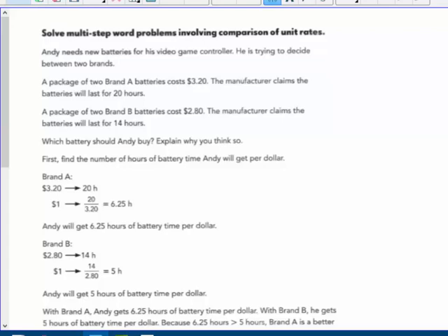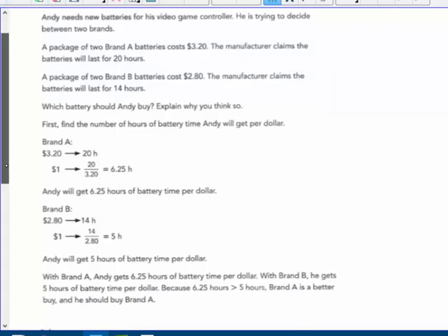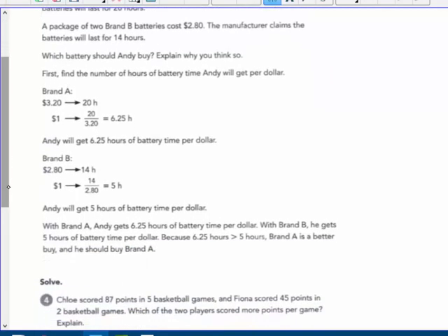First we would want to find the number of hours of battery time Andy will get per dollar. So brand A was $3.20 for 20 hours. So 20 hours divided by that $3.20 would be 6.25 hours per dollar. Yes, Andy will get 6.25 hours of battery time for every dollar. For $1, he's going to get 6.25 hours of battery time.